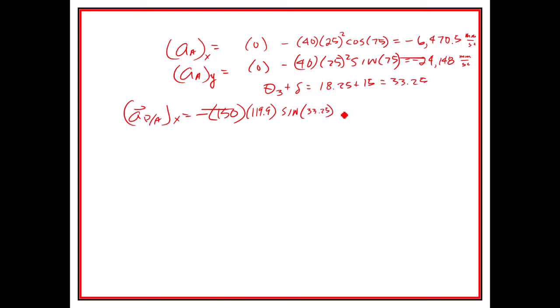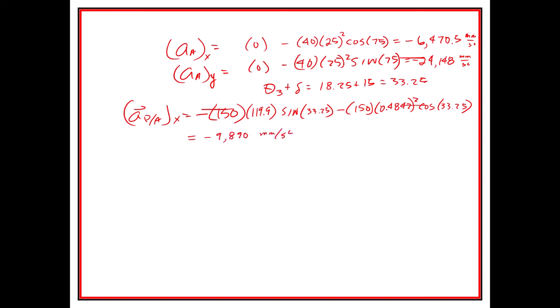And then you're going to have minus AP times omega 3 squared, or 0.4842 squared, times the cosine of 33.25, and that ends up equaling negative 9,890 millimeters per second squared.